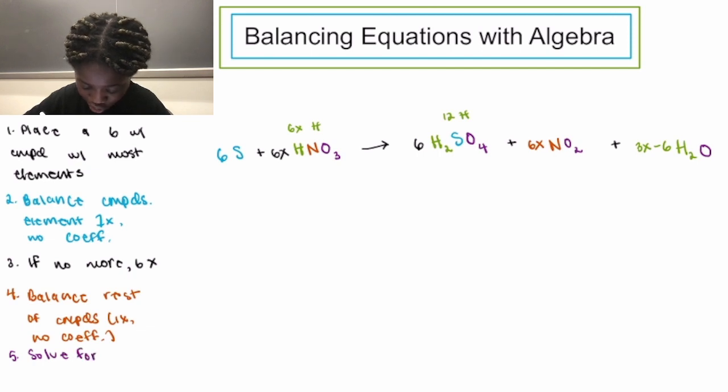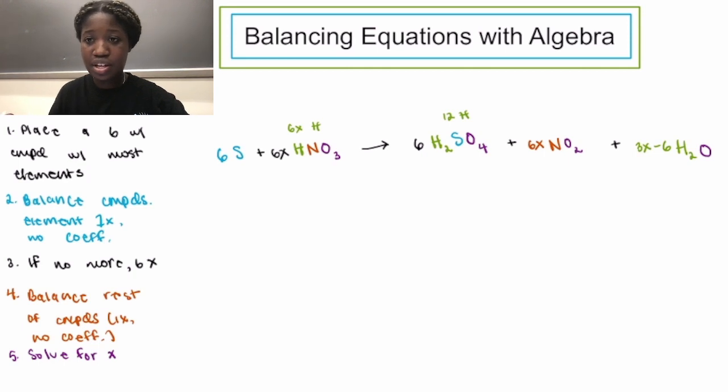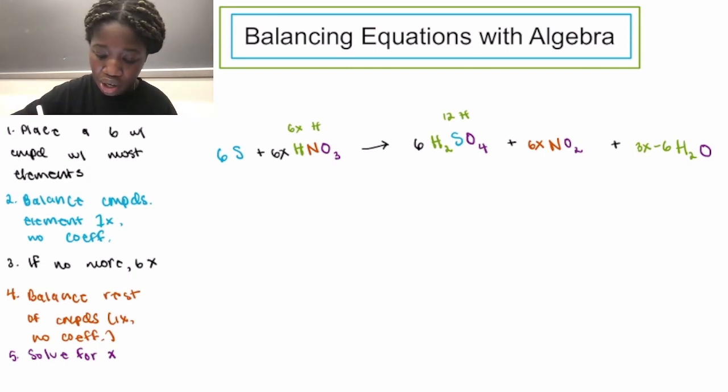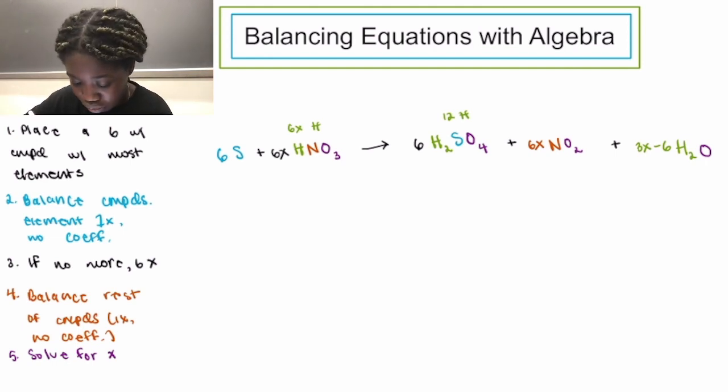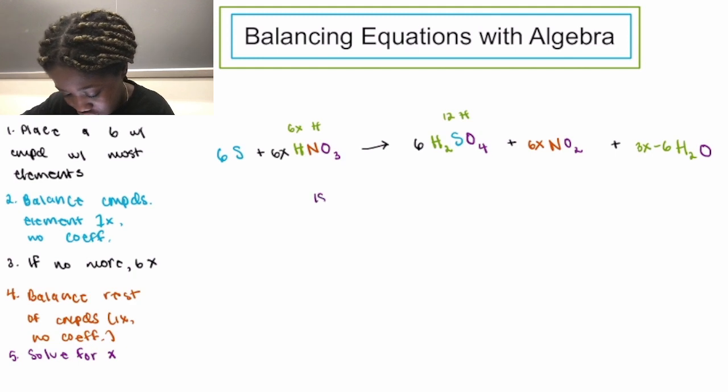But you have to solve for x with an element that you haven't chosen yet. And so if we look at all the colors, we've used sulfur, we've used hydrogen, we've used nitrogen, we haven't used oxygen. So we're going to solve for x using that. So we will distribute out the coefficients, multiply them with the subscripts, and we'll have 18x.